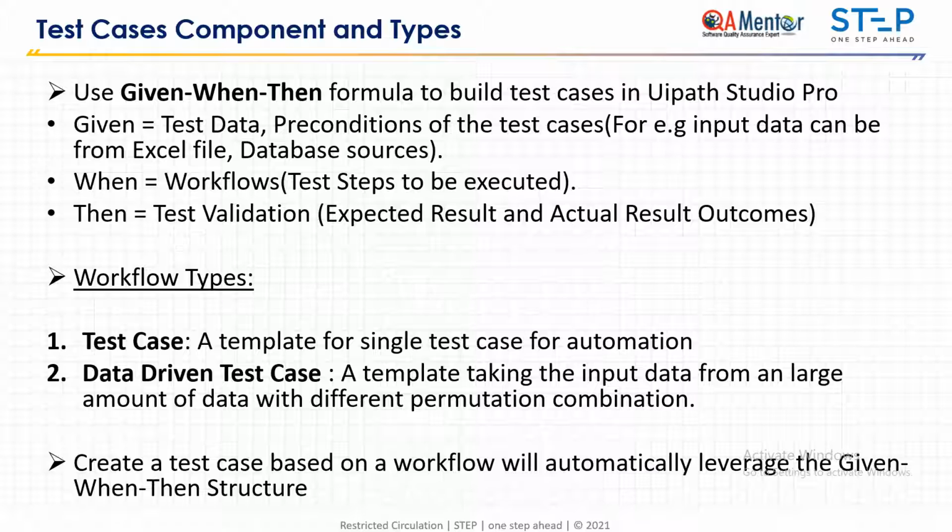When means the actual workflow where the steps will be executed, and Then means the test validation. So wherever we are matching the expected result and actual result, and whether it is matching or not, we need to see that. So Given When Then is a very important thing in terms of test cases when we are going to create them.